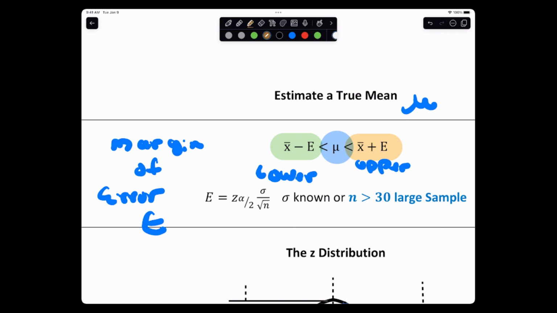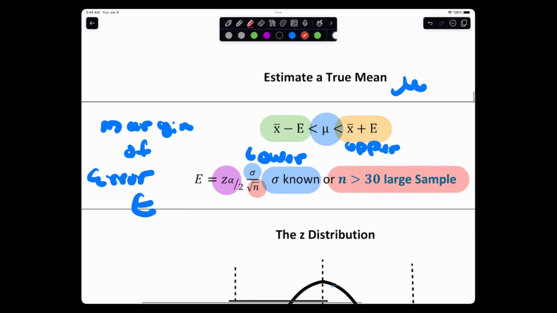Well, you got what's called a z-value, and maybe I'll put that in purple. It's really a z alpha over 2 value. We'll talk about that. This is a true standard deviation, and then you have a sample size. And this is for when sigma is known, or you have a large what? Sample. So you're going to take a large sample. Estimated true mean mu.